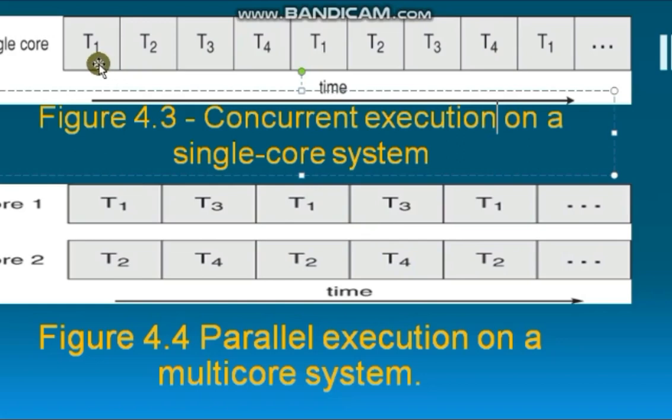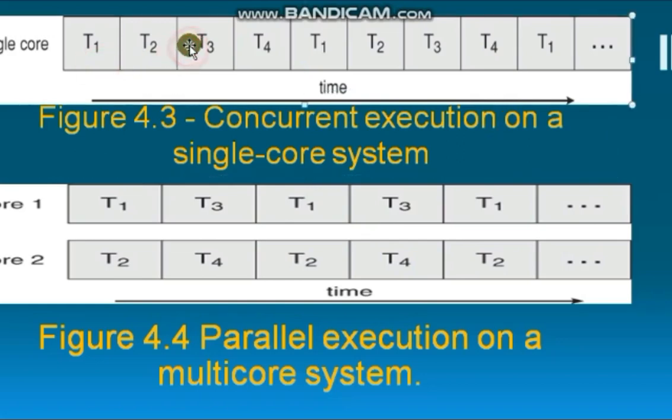So it can only execute one thread at a time, while in parallel, each thread is assigned separately to each core, core 1 or core 2, which enables the threads to run in parallel.